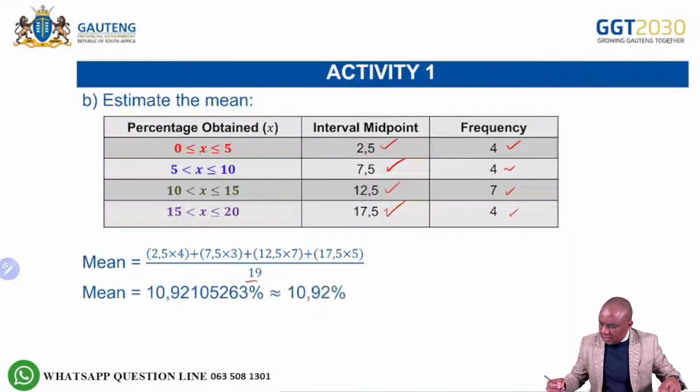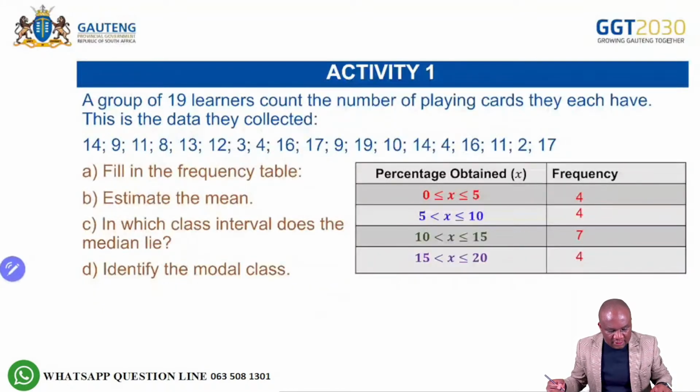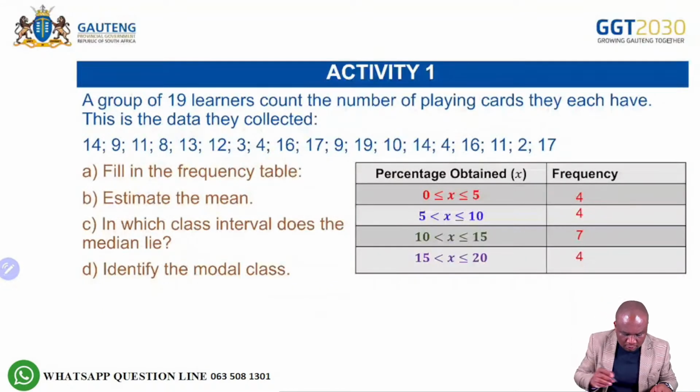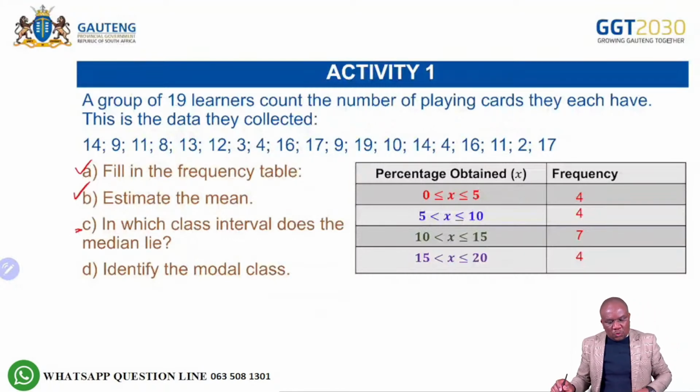Right, welcome back. Now let's do the next part. We've done A, we've done B, we're doing C now. In which class interval does the median lie? Remember how we did this. We introduced a column for cumulative frequency.